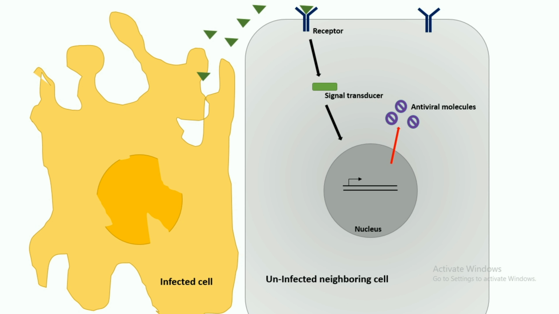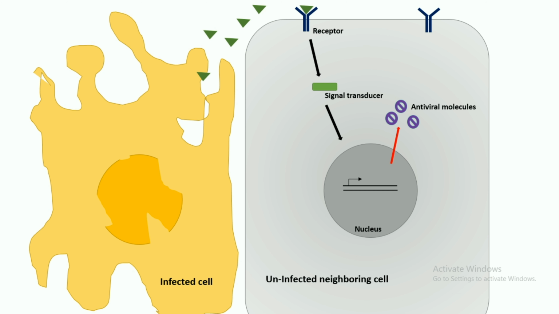Now let me tell you in short that the infected cell secretes interferon, which is an alarming signal to the neighboring cell. The neighboring cell knows that the adjacent cell was infected by a virus. So the neighboring cell has some amount of time to prepare itself and create antiviral molecules which would help them to combat the pathogen, right?